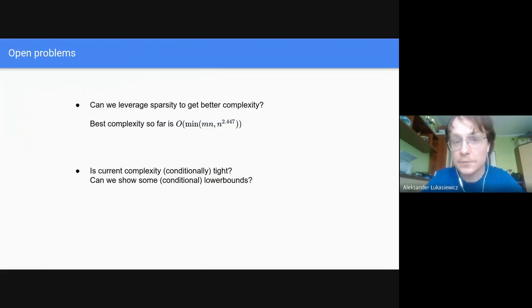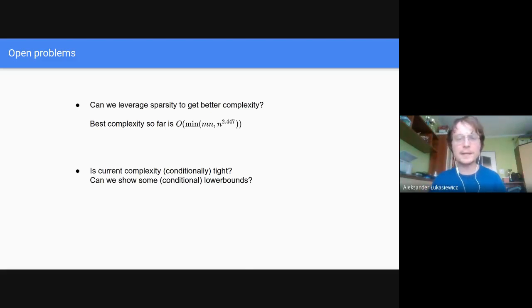So there are still numerous open problems left. One thing, and it's a common theme of many such problems and algorithms, is that we don't really know how to leverage the sparsity of the graph.